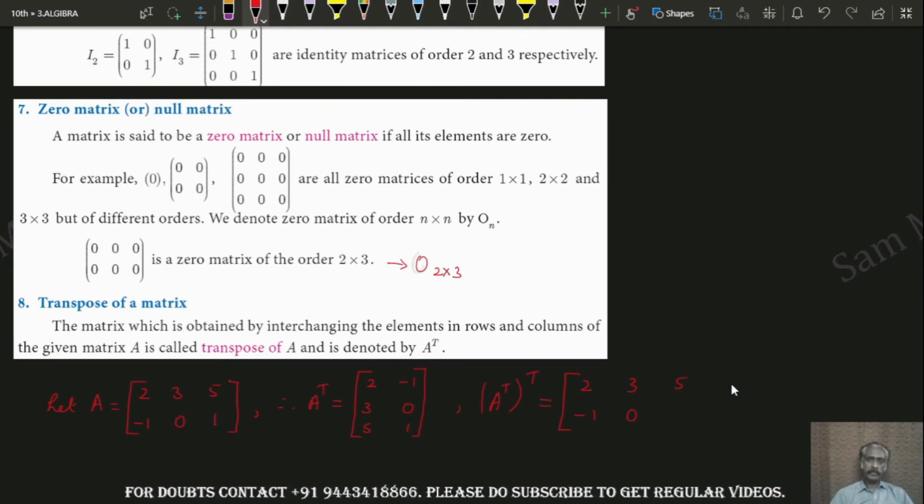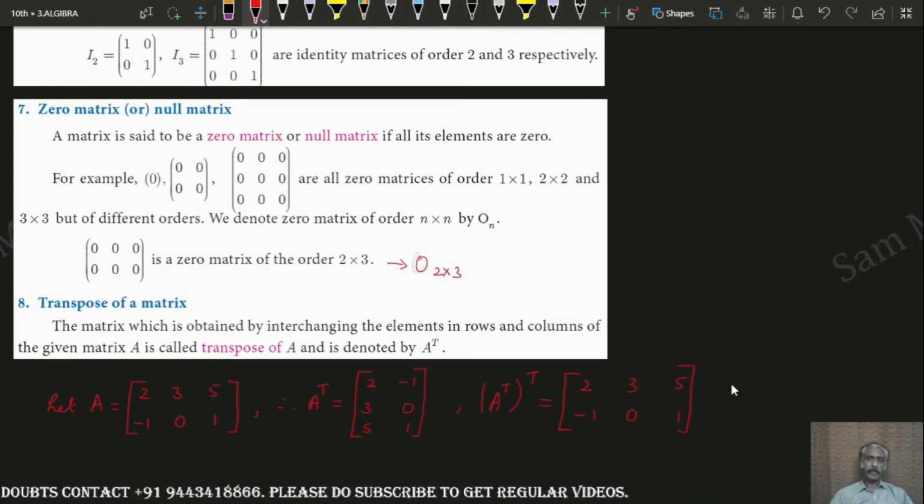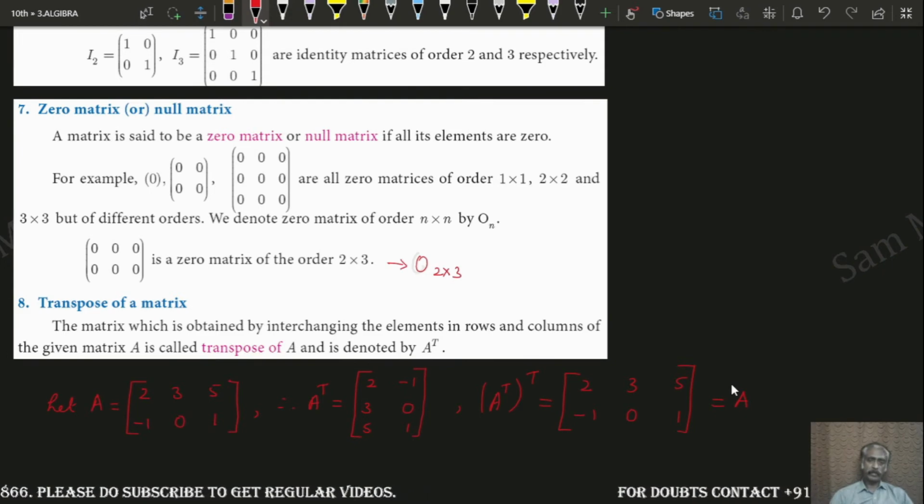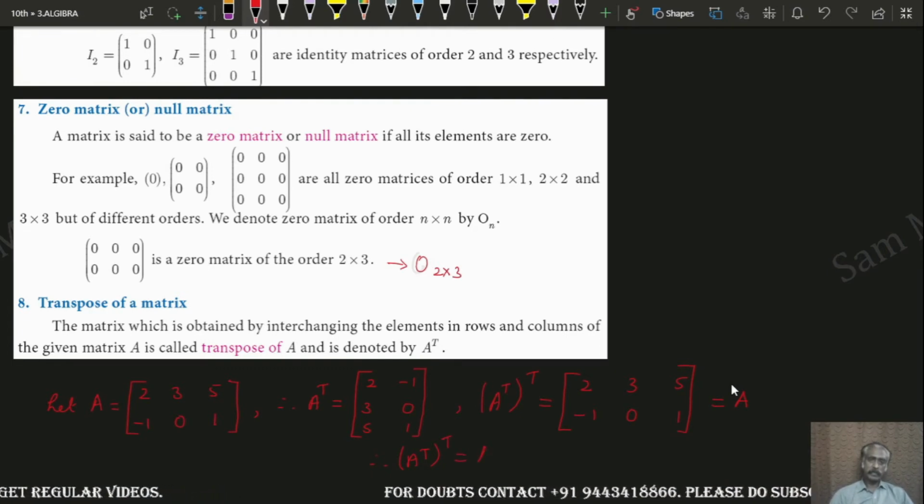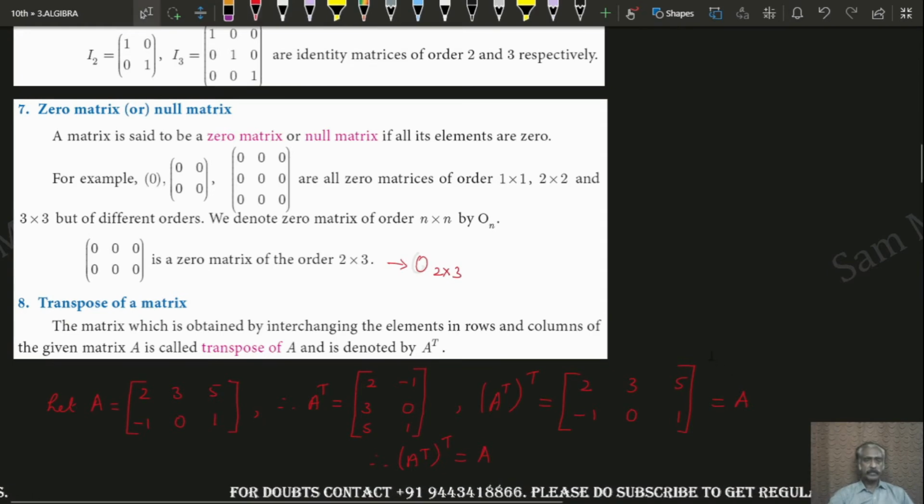It becomes the third column. You compare with A. This is equal to A. Therefore, we can conclude, A transpose, the whole transpose, is equal to A always. Okay, children?